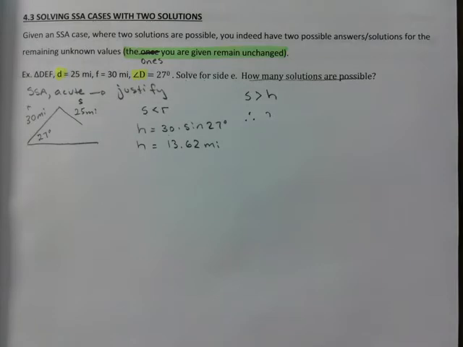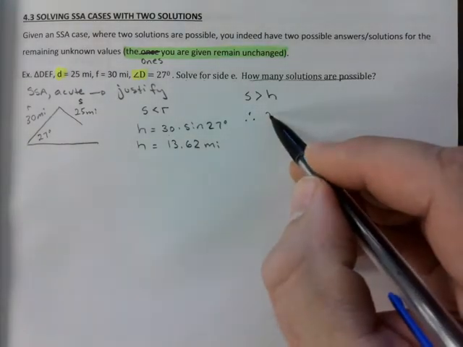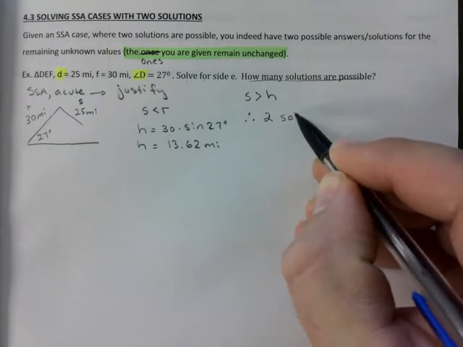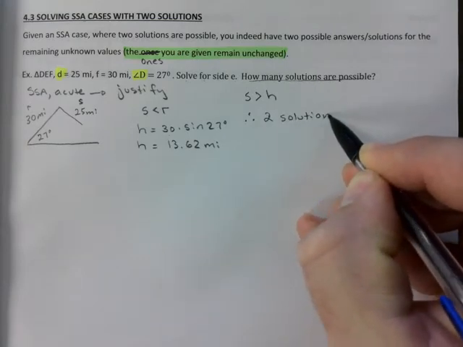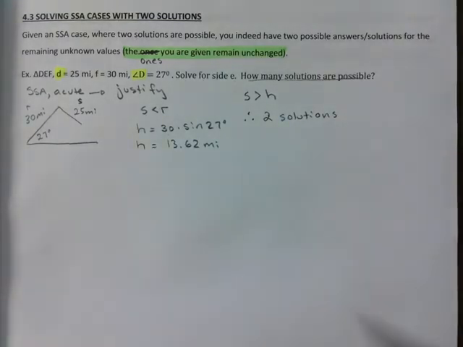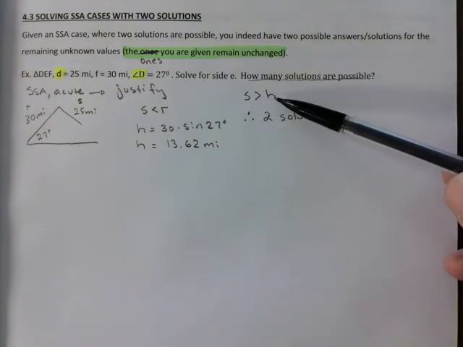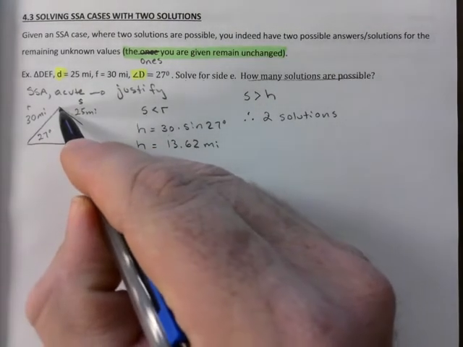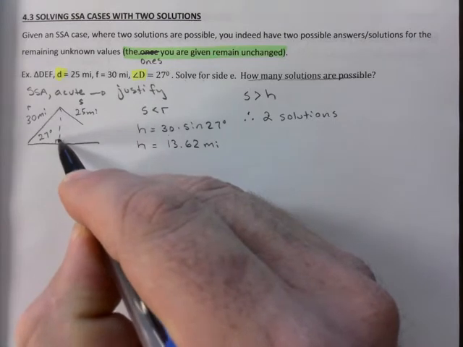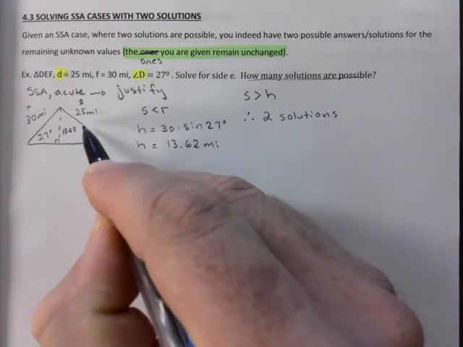It's two. Okay, just making sure. Two solutions. So just visualize that, right? String is greater than the height. So if this is your height, and this is 13.62, this is 25.